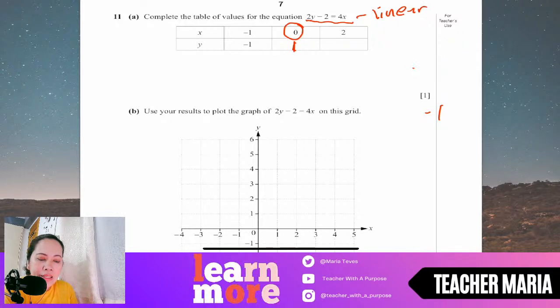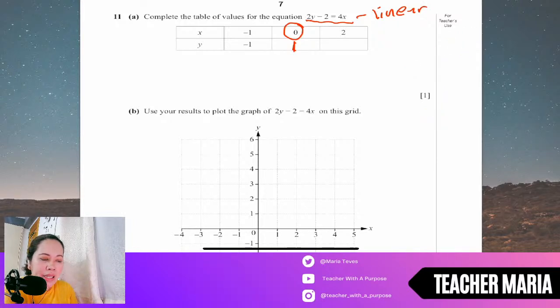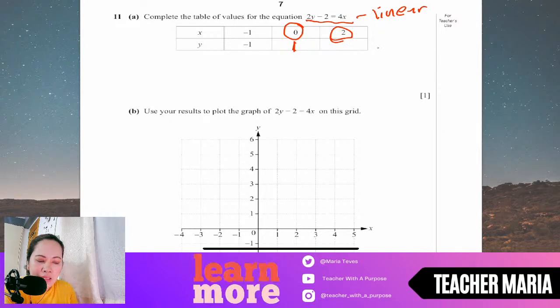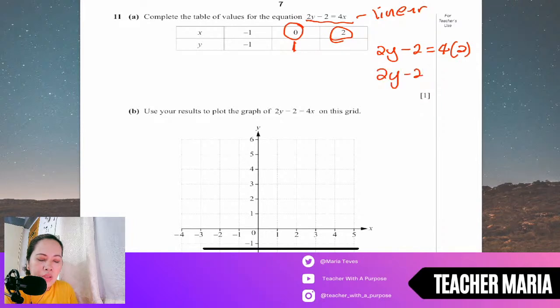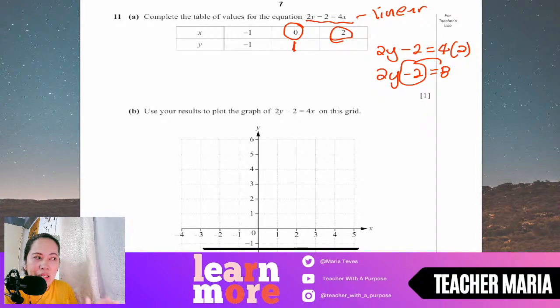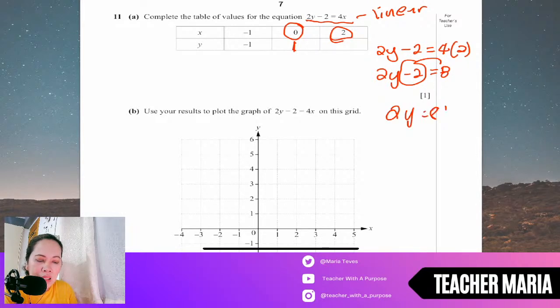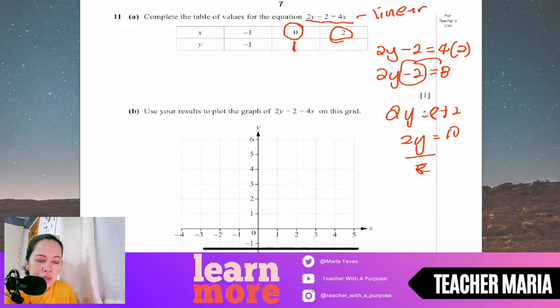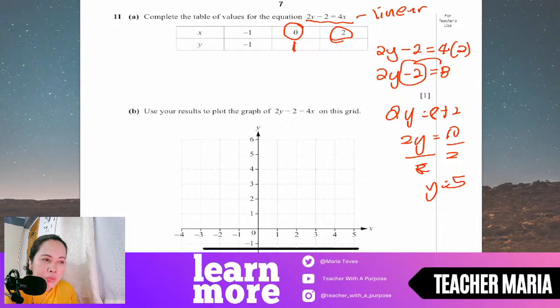Now, when x is 2, which is the second given, the same thing, 2y minus 2 equals 4 times 2. So 2y minus 2 equals 8. Transfer minus 2 to the other side, it becomes positive again. So that will be 2y equals 8 plus 2. 2y equals 10, divided by 2, y will be 5. So this will be 5.